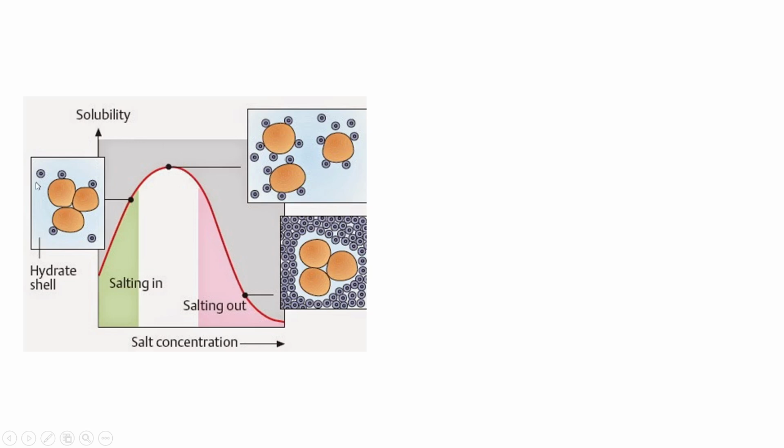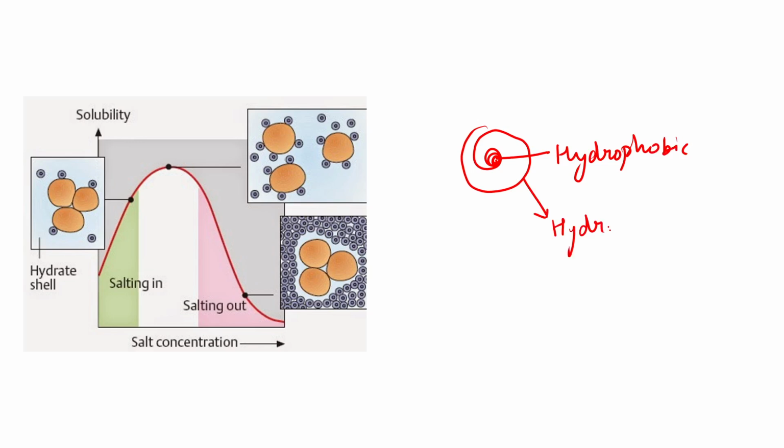Why is that happening? Initially, you know that protein has a hydrophilic outer part and a hydrophobic core. So this is hydrophobic, and the outer part will be hydrophilic.